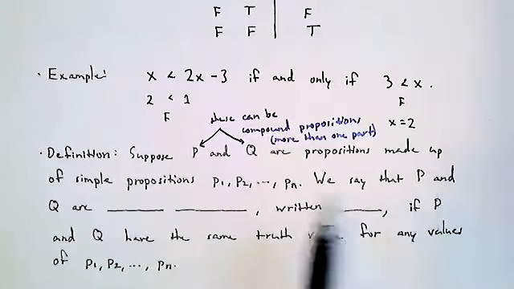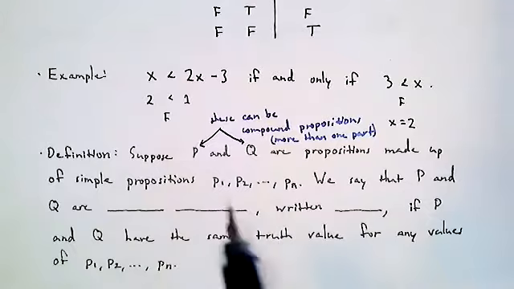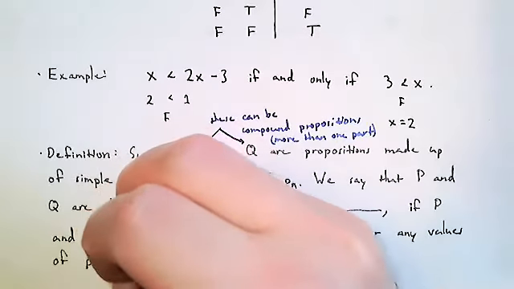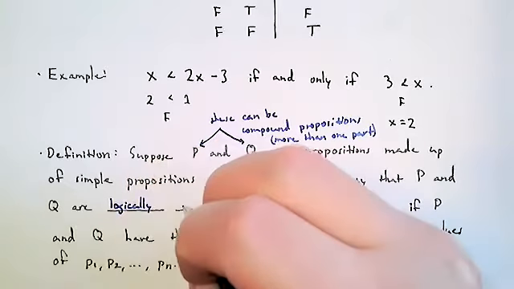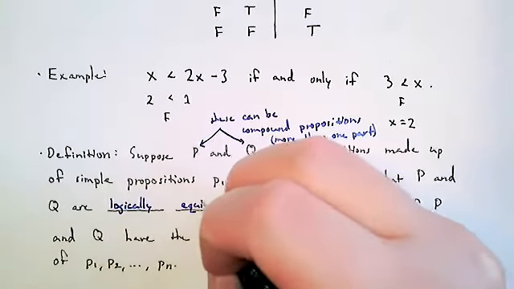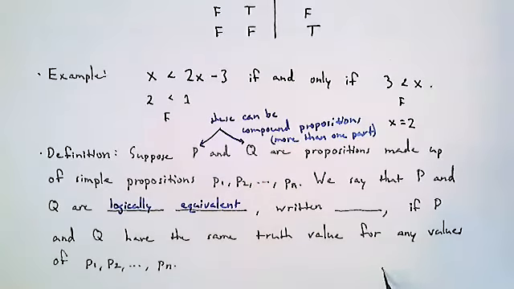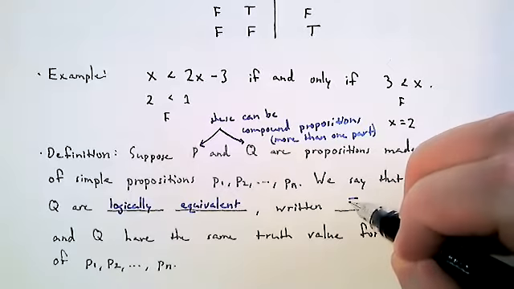We say that P and Q, two compound propositions, are logically equivalent, and this gives a symbol much like the equal sign.